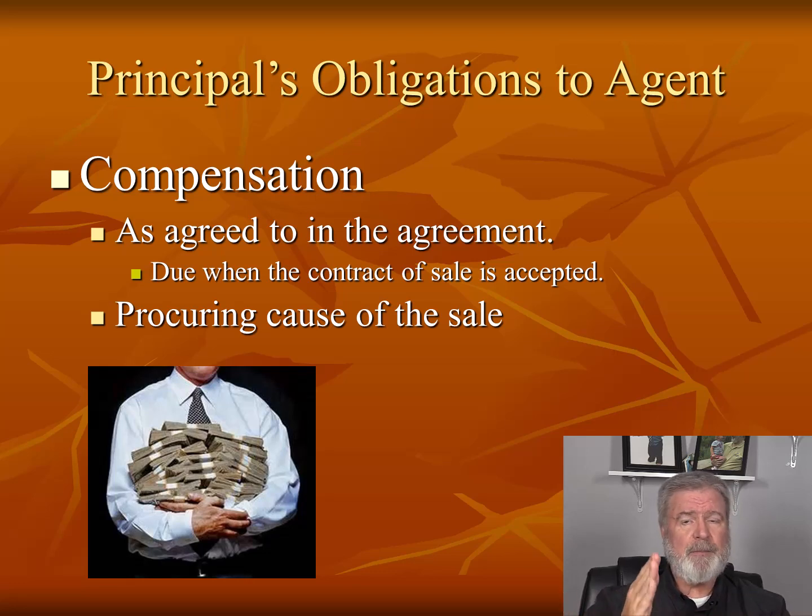If something happens that breaks that chain of events, you start over again. But whichever agent can prove from start to finish, they got the agency agreement, showed the house, wrote up the offer, and got it accepted without any break, that agent is the procuring cause of the sale.